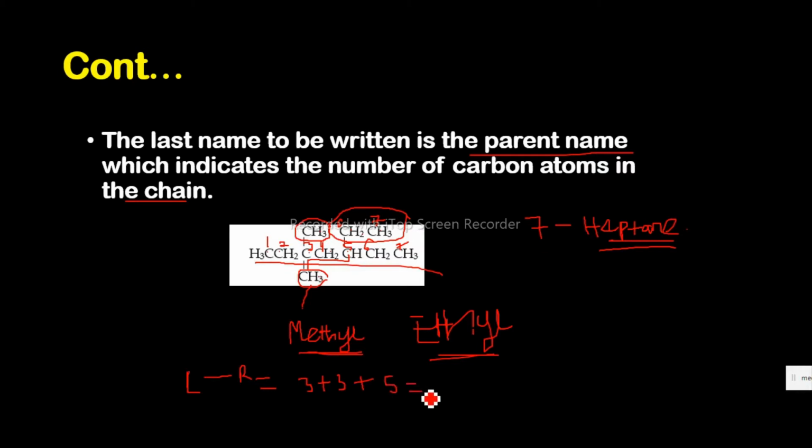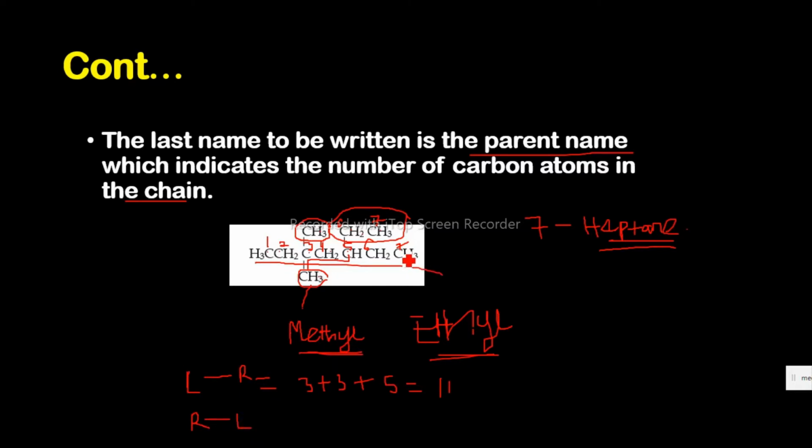So now if you add, this will give us 11. I'll tell you why we are adding. Now, you don't know which carbon should be named as carbon 1 and which carbon should be named as carbon 7. So doing what we are doing is what is going to help you determine which carbon is going to be named as carbon number 1.